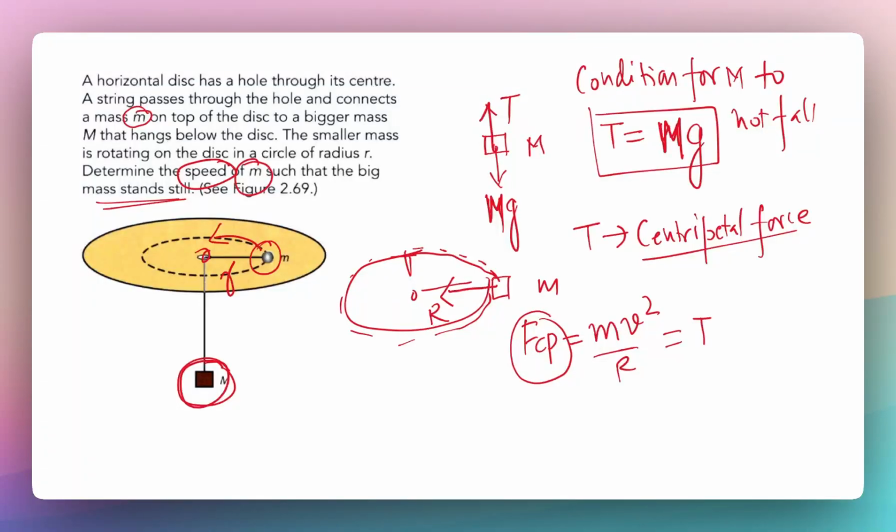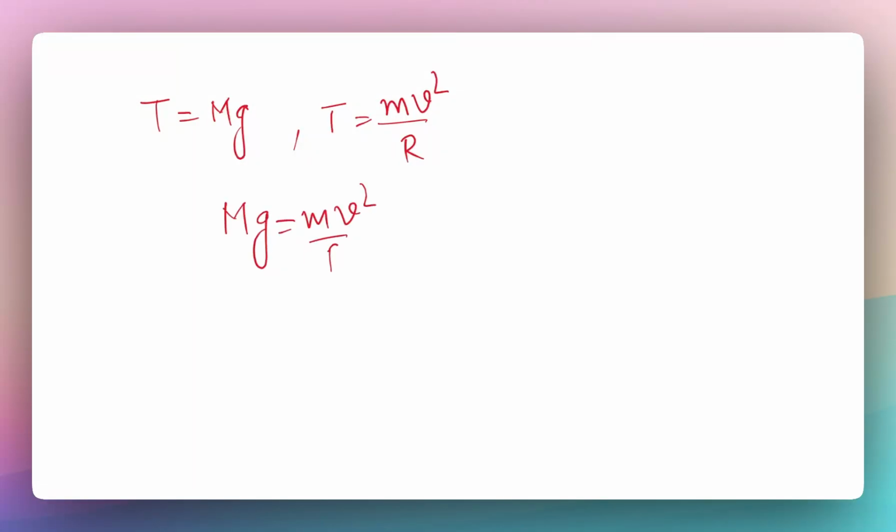So this T is going to be mv square by r. We are going to substitute it in condition number 1 and see what happens. So T is equal to capital Mg, but T is also equal to small m v square by r. Both of them are equal. Capital Mg is going to be m into v square by r. So r will go to that side. Now we get capital M g r is going to be small m v square.